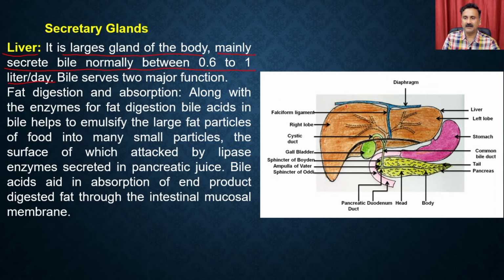The liver has lobes, and these lobes are interconnected by different types of ducts. This is the right lobe, and on the other side you are going to see the left lobe, so you are going to have the lobes together.